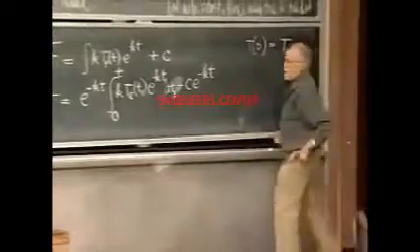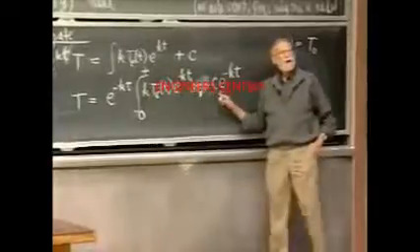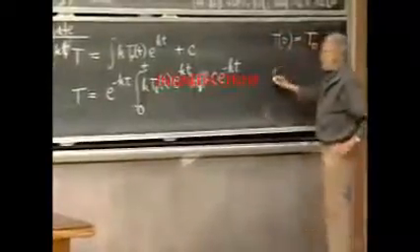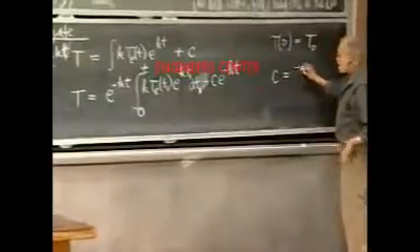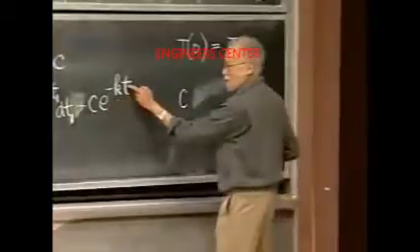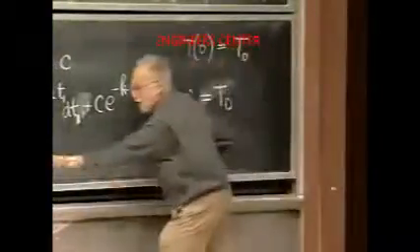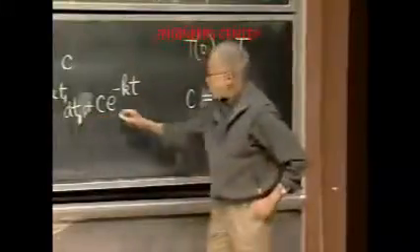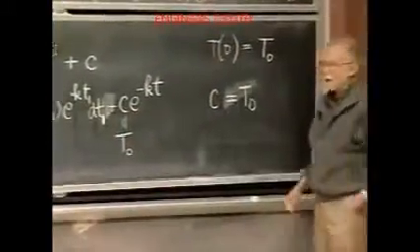What it does is that when time is 0, all this automatically disappears, and the arbitrary constant will then be, well, it's T, so in other words, c times this, which is 1, is then equal to T. In other words, if I make this 0, then I can write c as equal to this arbitrary starting value.